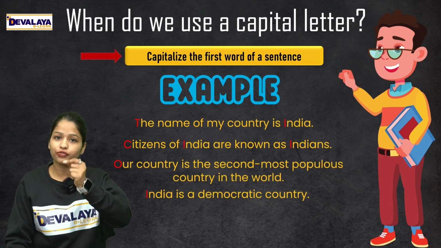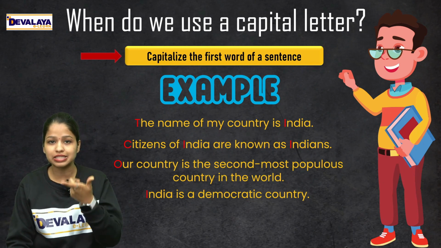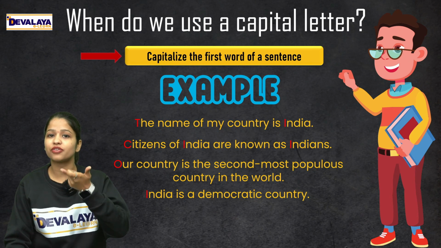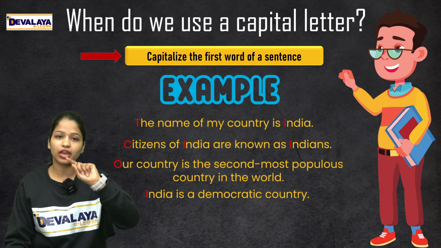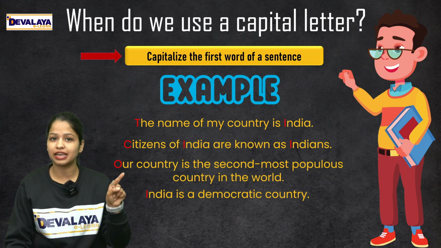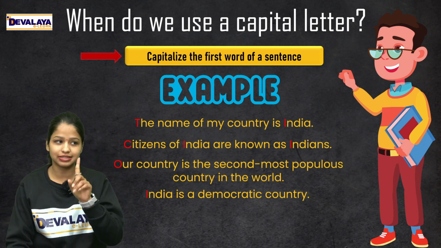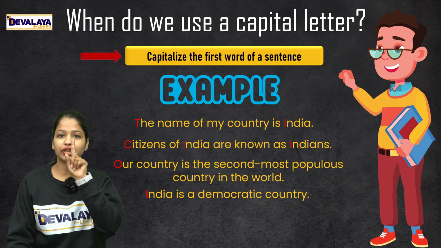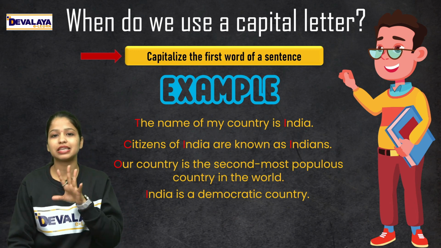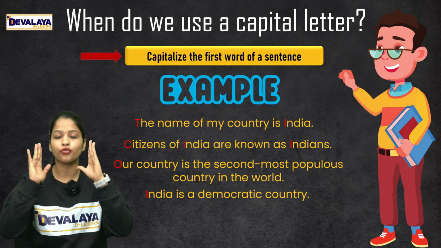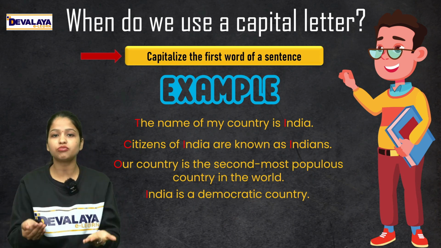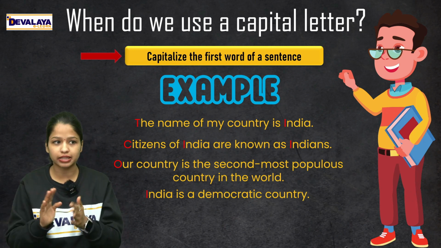Again, after the full stop, we have used the word citizens, and we have capitalized the first letter of citizens, that is C. Can you see that with the red color? Yes. Citizens of India are known as Indians. We are going to talk about India and Indians later. Don't focus on that. Clear? Please pay attention only to what I am trying to teach you.